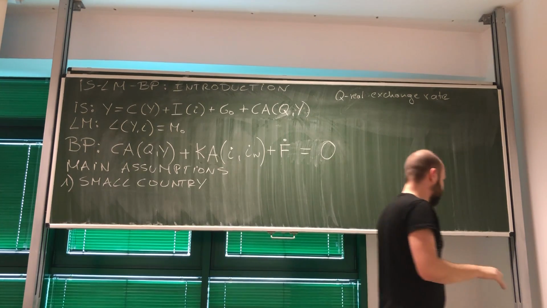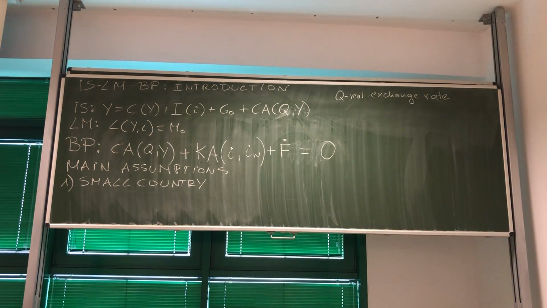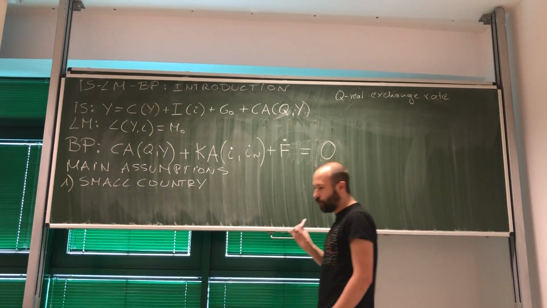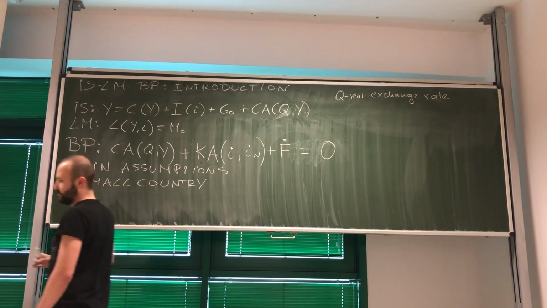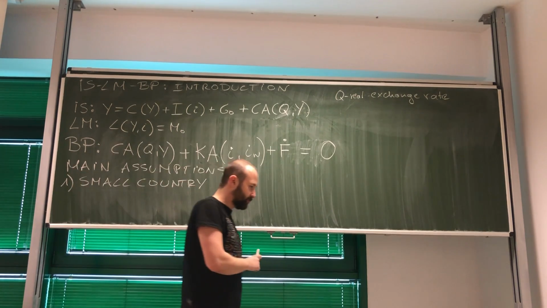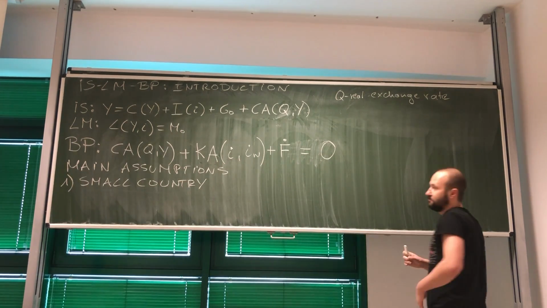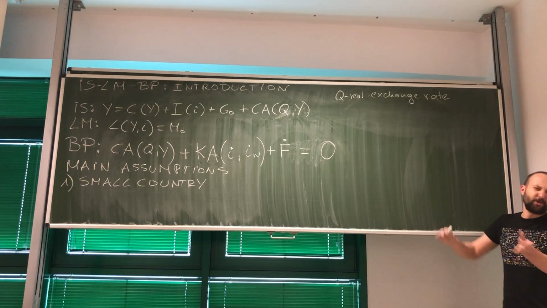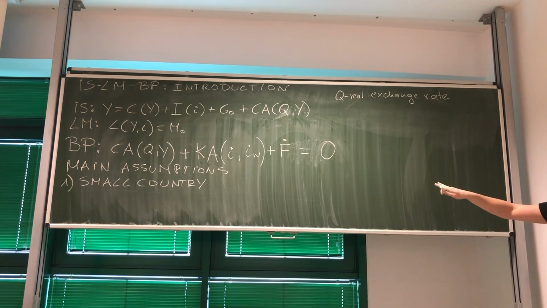What does it mean that the country is small? It means that it has no impact on the world interest rate or world prices. But of course, we're going to assume in a second that prices are fixed.